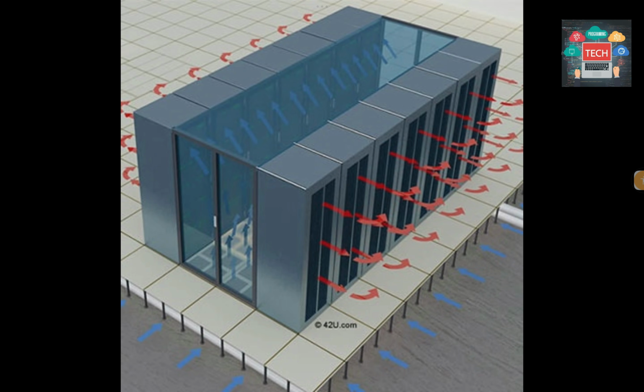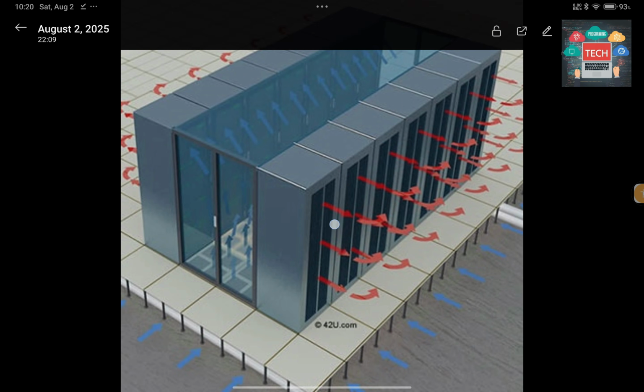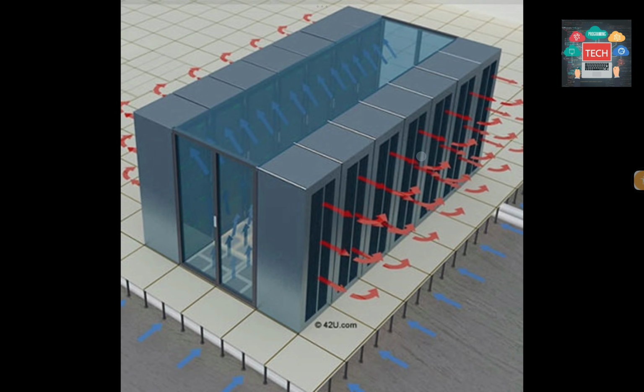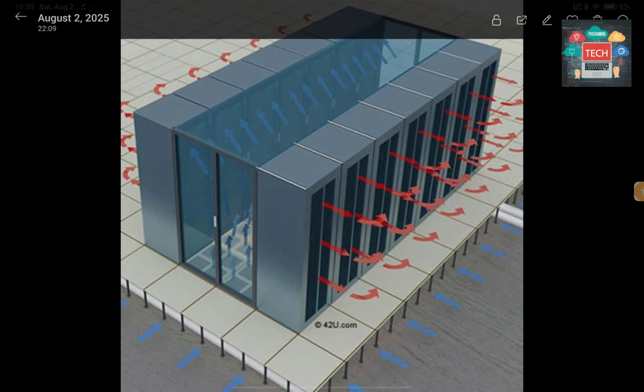The blue lines show the cold air coming from the underside, where I am pinning. You can see the perforated tiles. From here the cool air is coming, and these are your racks with your network, servers and all the infrastructure.